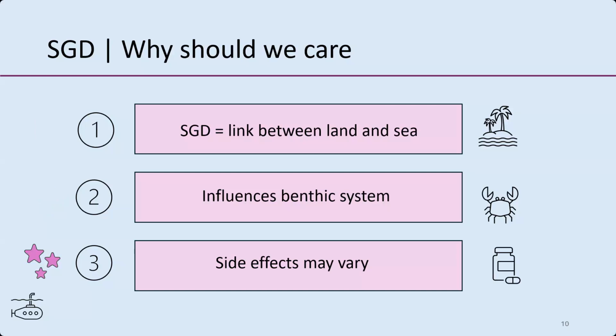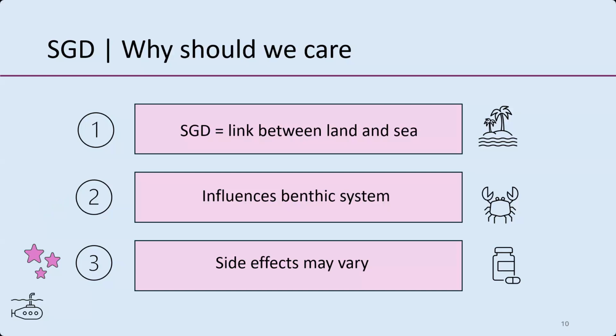Which leads me to my final point, which is that the effects of submarine groundwater discharge can either be good for the ecosystem or they could be bad. It really depends on the physical, geochemical, and biological makeup of the seabed, as well as the strength of groundwater discharge.